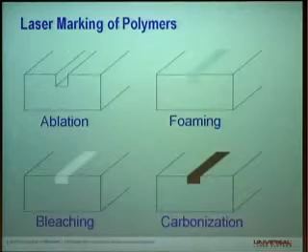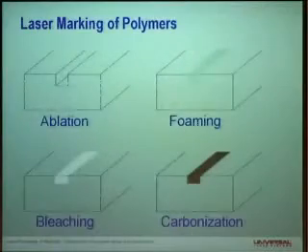But if you've got a particular marking application where you just can't tolerate any depth, something that you don't want to catch a fluid or something like that, foaming is a good mechanism. Bleaching is a good mechanism.